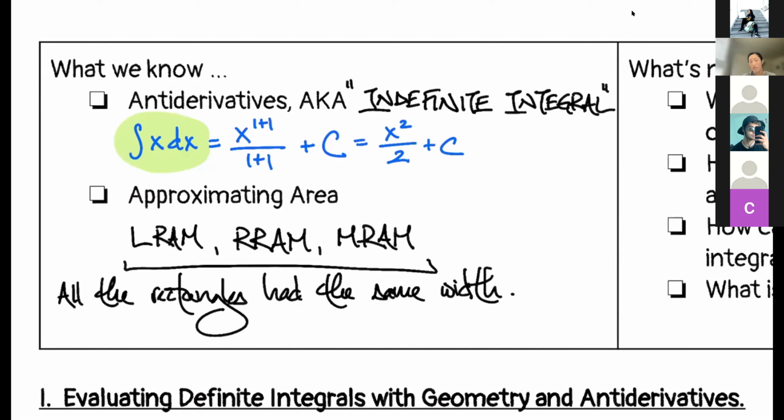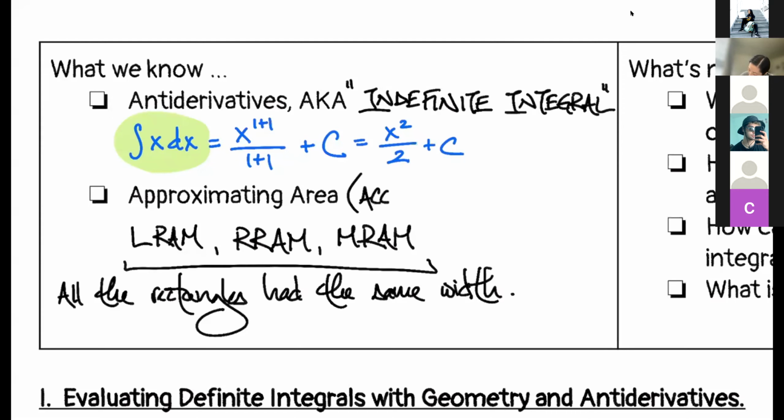And one more important idea about approximating area, we knew that if we had more rectangles, we would actually get a very accurate area. Whereas if we had fewer rectangles, maybe the area we get would be less accurate. Okay, so a few things to consider here.